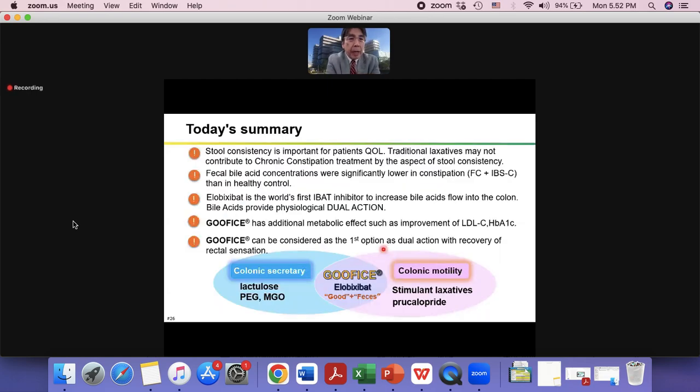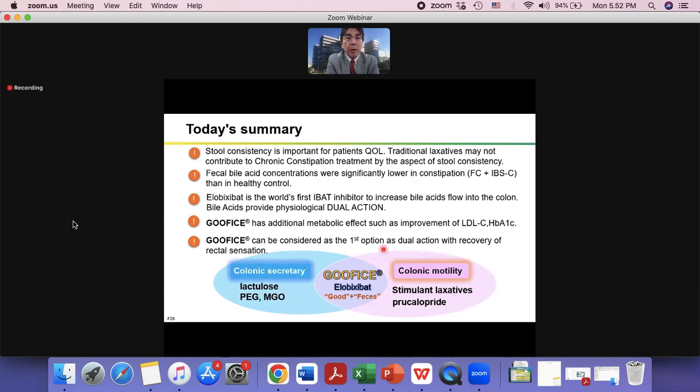This is the last slide, today's summary. Stool consistency is important for patient QOL. Traditional laxatives may not contribute to chronic constipation treatment from the aspect of stool consistency. Fecal bile acid concentration was significantly lower in constipation than in healthy control.